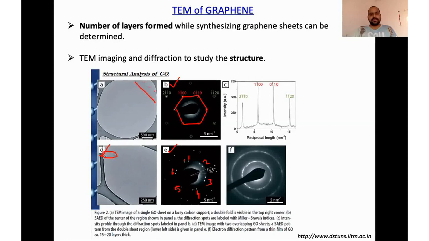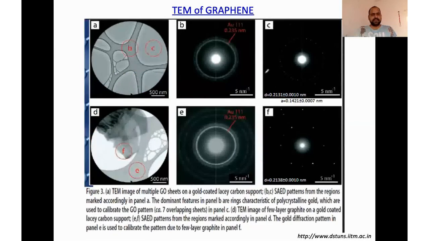We have a gold-coated carbon support and then multiple graphene oxide sheets. They have recorded the selected area electron diffraction pattern at position B and also at position C. Position B is the grid which is coated by the gold, and position C is our multi-layer graphene.